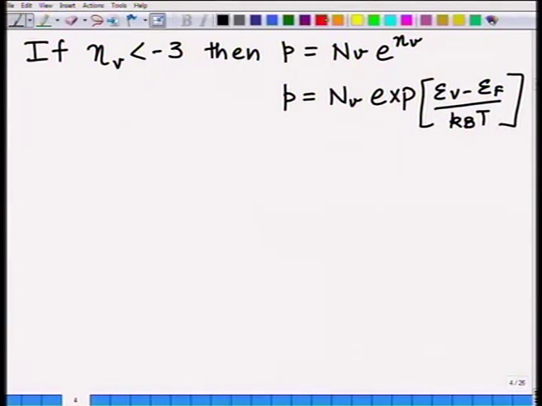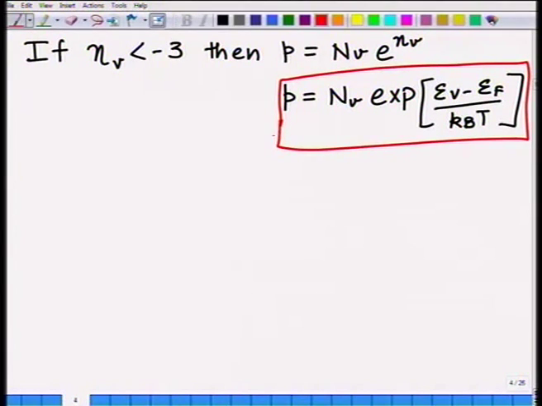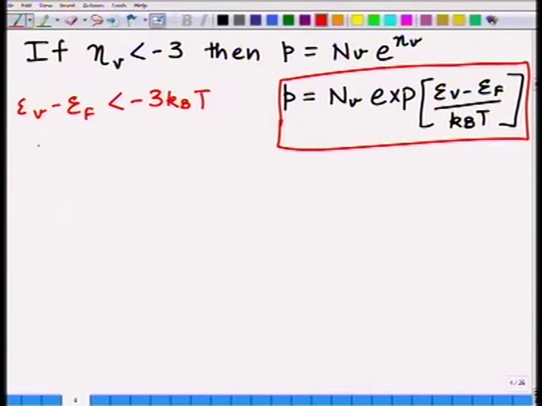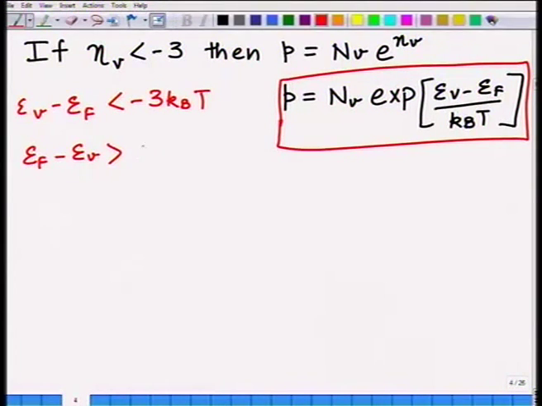So, that is our formula for calculating P in case this is true, which of course means that EV minus EF should be less than minus 3 kBt, which also means that EF minus EV should be greater than 3 kBt, which means EF should be greater than EV plus 3 kBt.